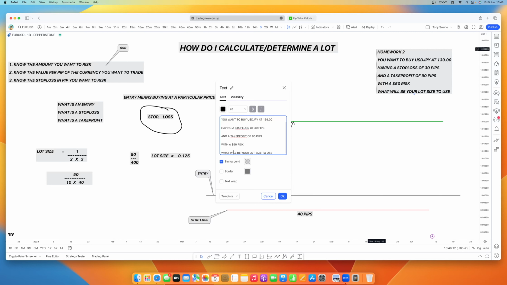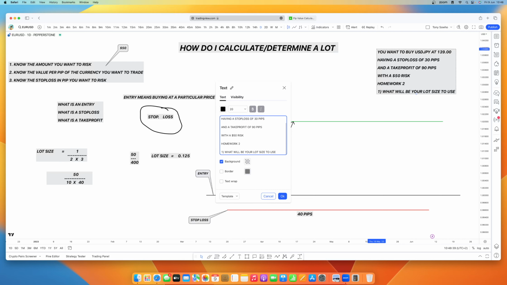Sorry, this is supposed to be down here. So homework 2. Number 1 is, what will be your lot size to be used?